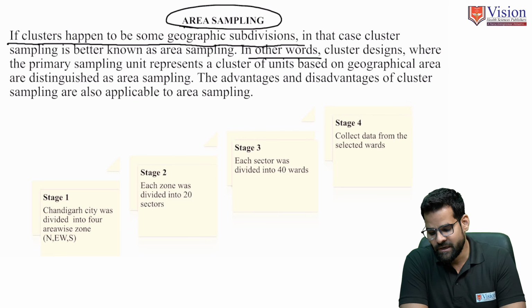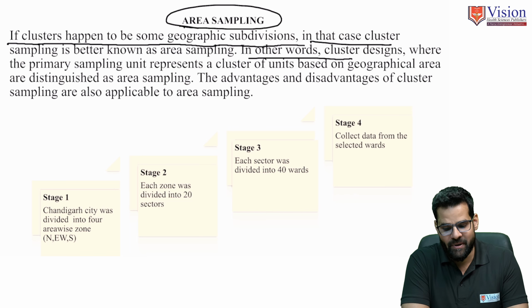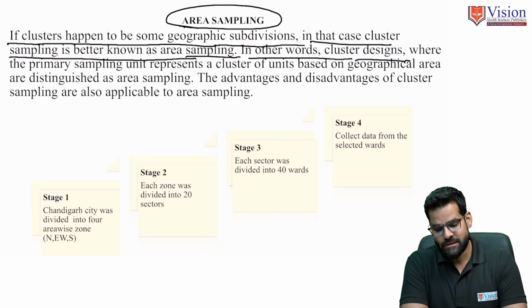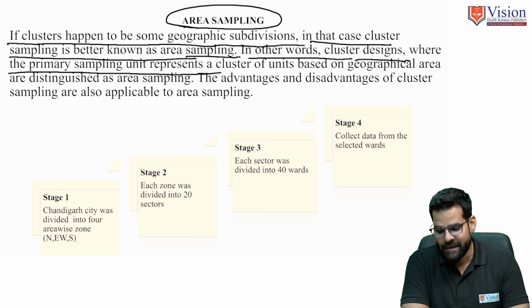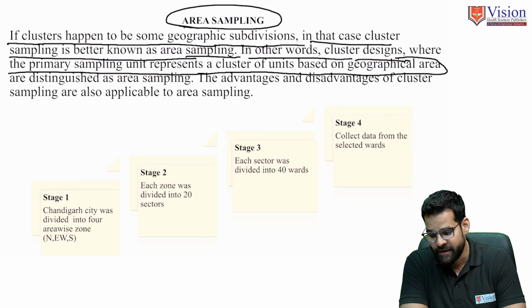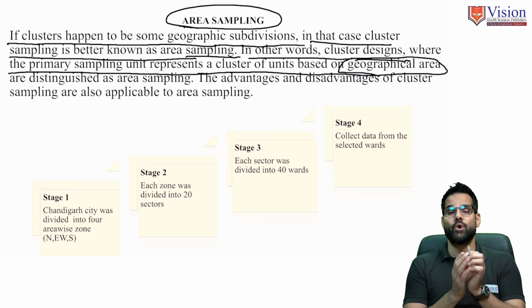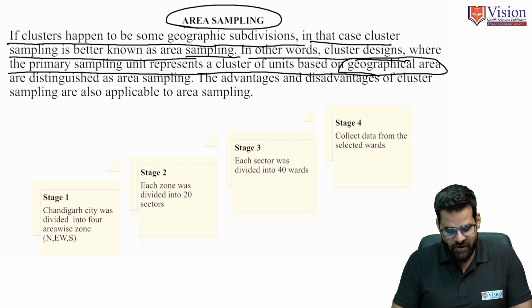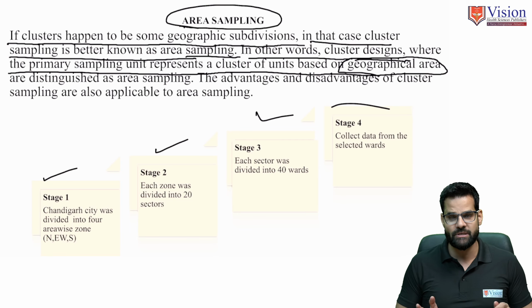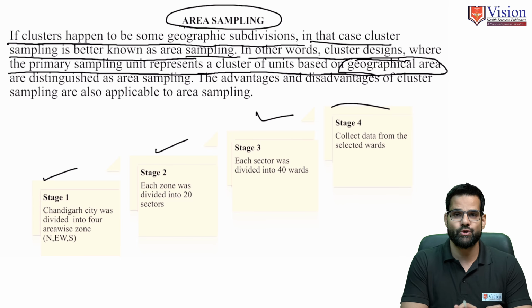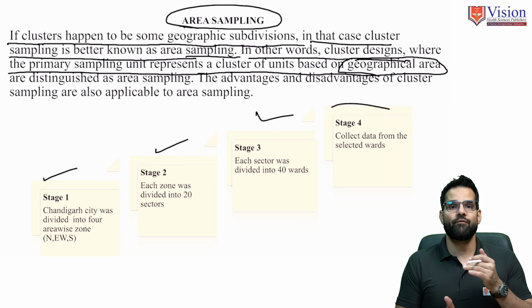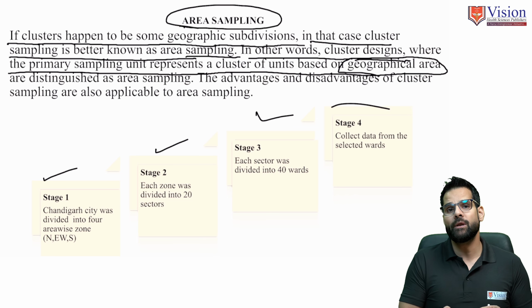In other words, cluster sampling is better known as area sampling when the primary sampling unit represents a cluster of units based on geographical area. Again and again I'm using the words based on geographical area, then we call it area sampling. The example given here is 1-stage, 2-stage, 3-stage and 4-stage, the same example which I have given you. So area sampling is nothing, it is cluster sampling, but the difference is when your cluster is based on some geographical conditions.